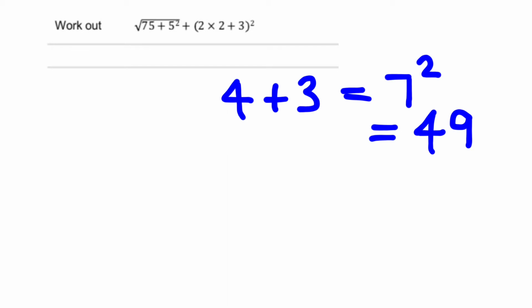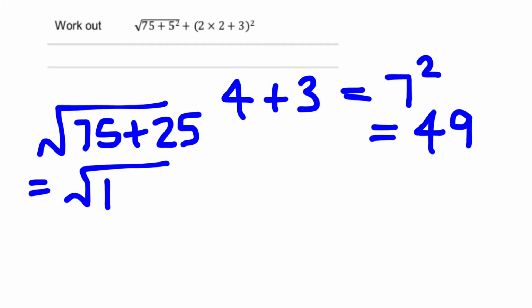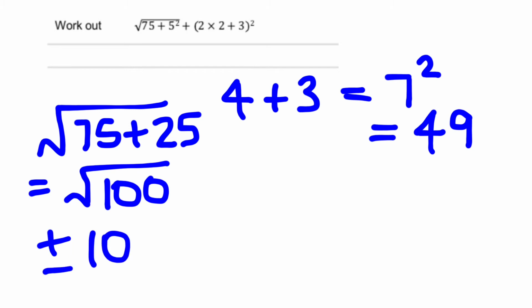And then now we've got to go back and look at this, so we've got square root of 75 plus 5 squared, which is 25. So that's given us the square root of 100. And if you remember from before, the square root of a positive can be a negative number as well. So this answer could be positive or negative 10, as negative 10 times negative 10 gives 100.